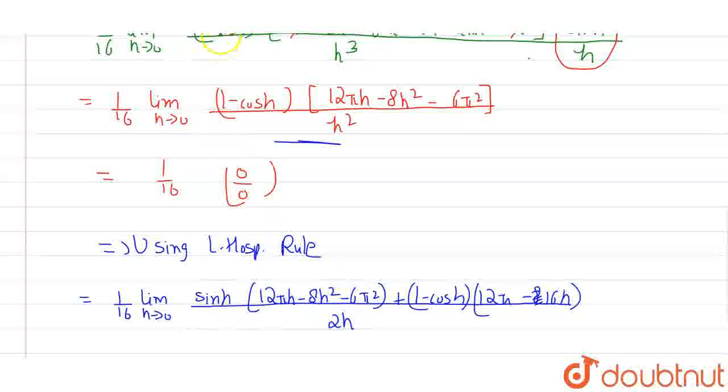Now here we can see one thing again, sin h by h when limit h tends to 0 will become 1.